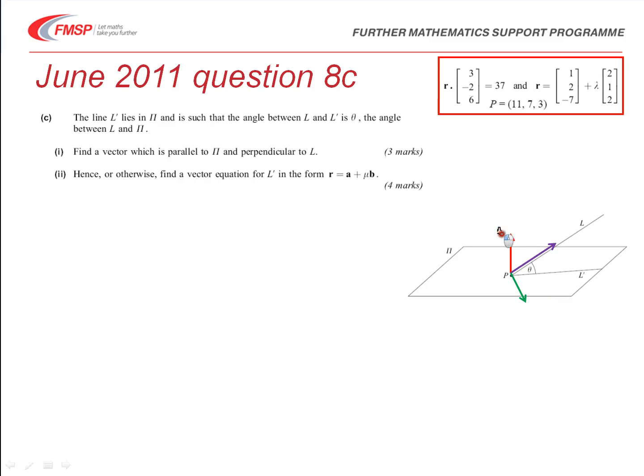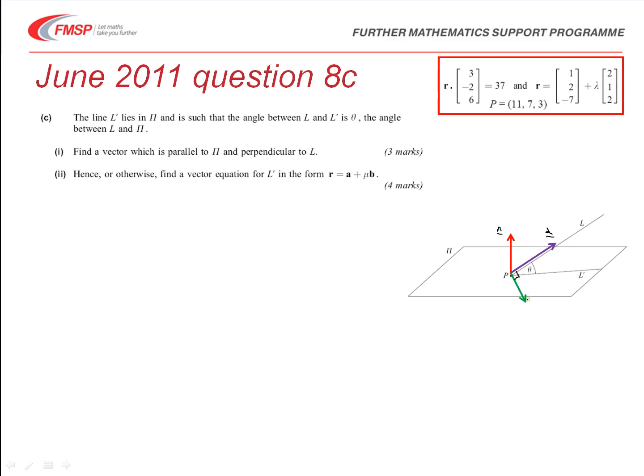So this is N, this is D. The vector we require is this green vector, which is perpendicular to both N and D. Because if it's perpendicular to N, it must lie in the plane, and it must be perpendicular to D as well. So this angle round through here is 90 degrees between them, and this is the vector we require.